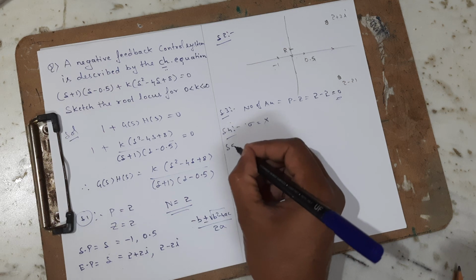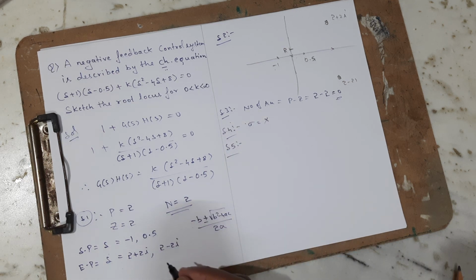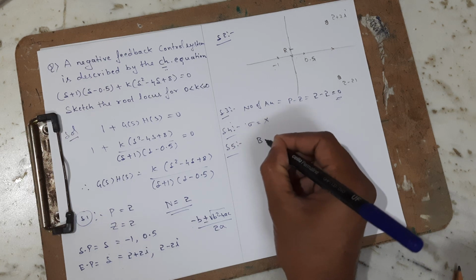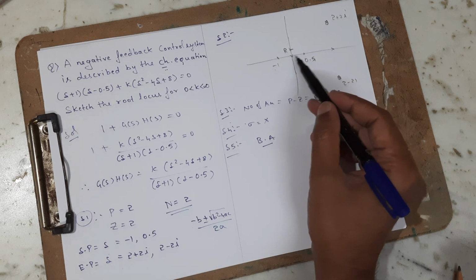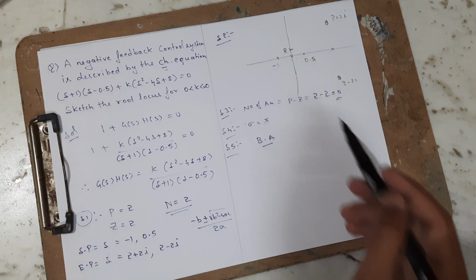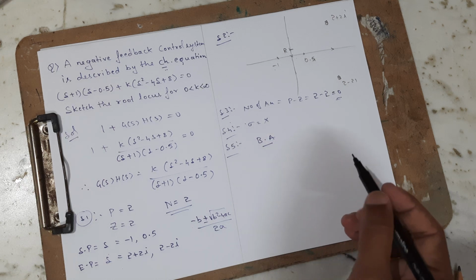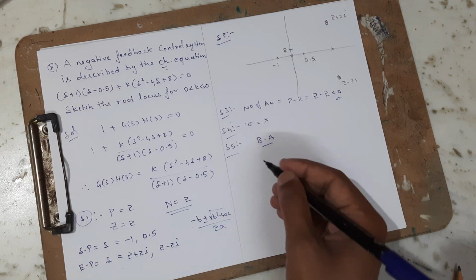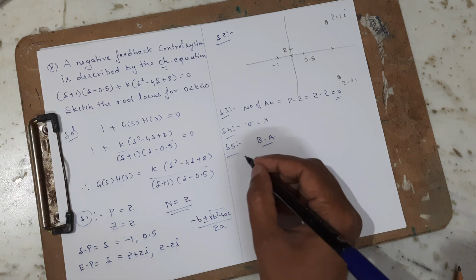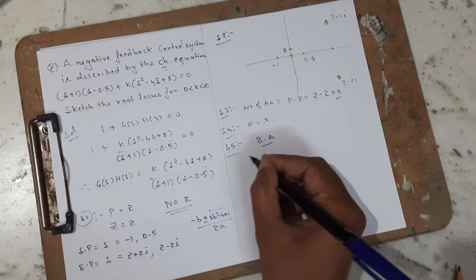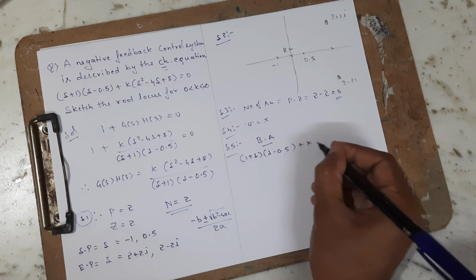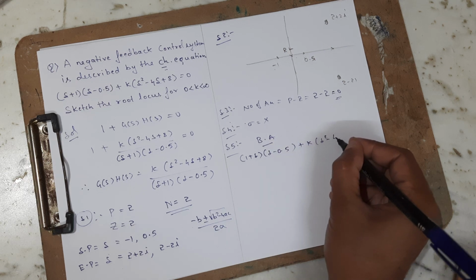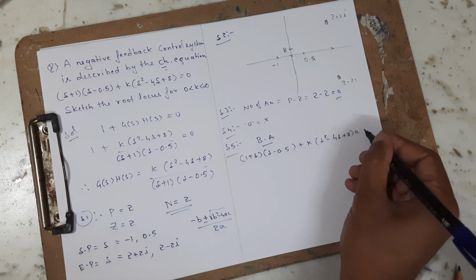So I am going to go to step number 5. What is step number 5? To find the breakaway points. Because here we have root locus between the two poles, we will have breakaway points. For that we need the characteristic equation: 1 plus K(s² minus 4s plus 8) divided by (s plus 1)(s minus 0.5) equals 0.